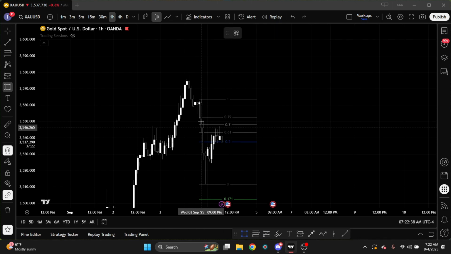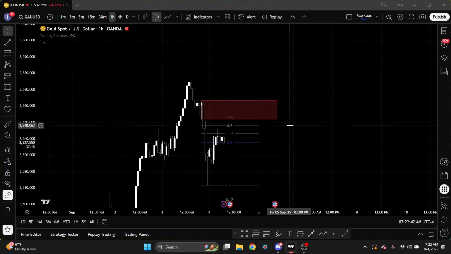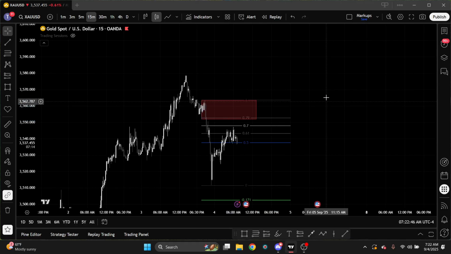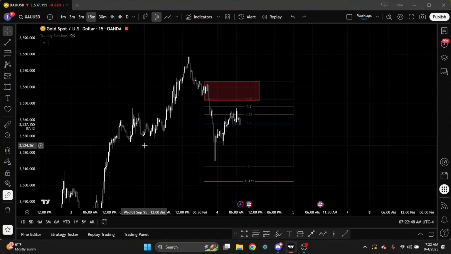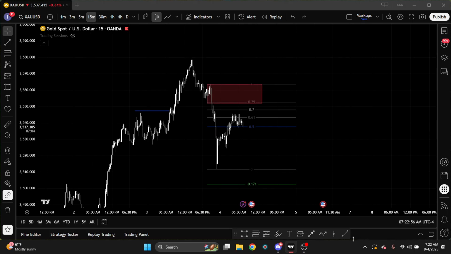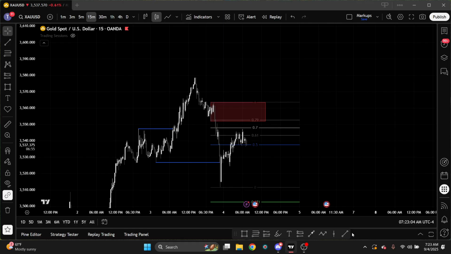We have a supply zone, 15-minute. So we have this change of character here. Initially, same thing from the 1 hour. That was one of our recent highs.